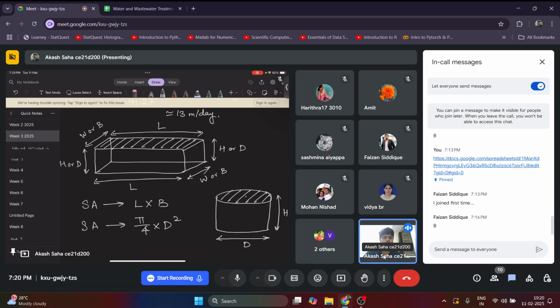Is it clear to all of you? Because you may make a mistake, you may take maybe this area, or maybe someone will take this front face area. So don't make these mistakes. Is it clear?